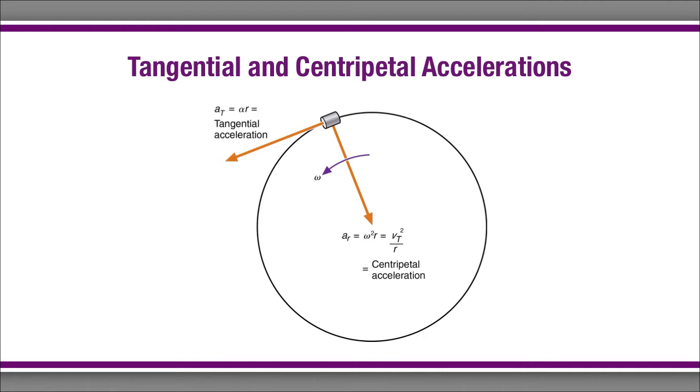If we look at this depiction here, we can see a better representation of what tangential acceleration and centripetal acceleration would look like. Centripetal acceleration occurs because there is a force pulling inwards towards the axis of rotation, and we will discuss these two components further in the next couple of slides.